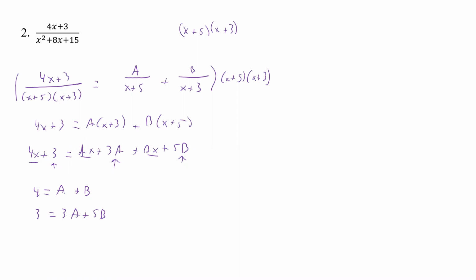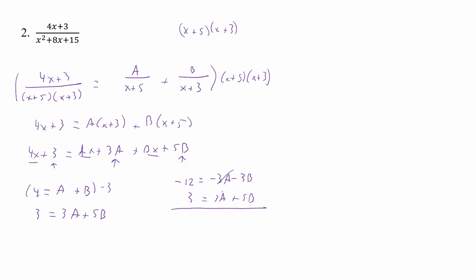Now let's say if we multiply this by negative 3, that'll get rid of the A's. That's smaller than multiplying by 5. So when we do that, that's going to give us negative 12 equals negative 3A, and then negative 3B, and this still stays 3 equals 3A plus 5B.